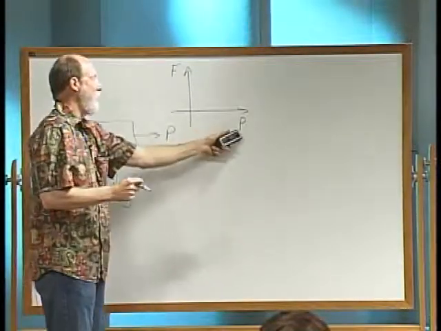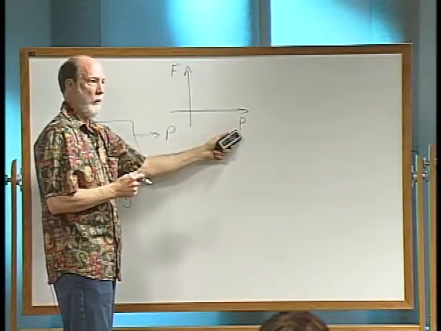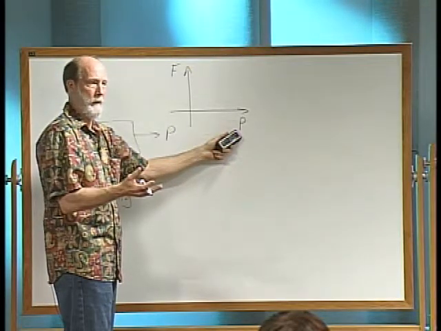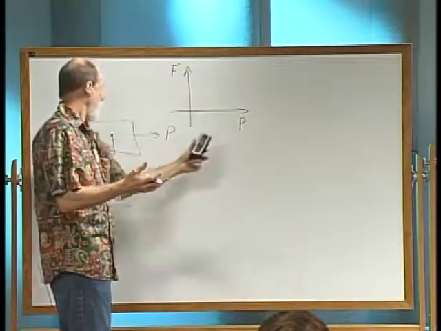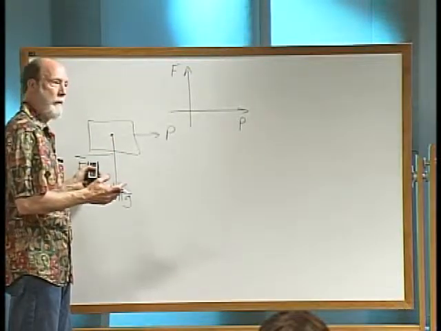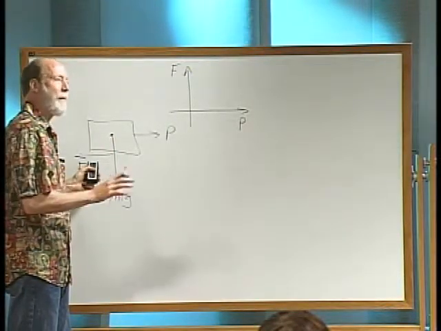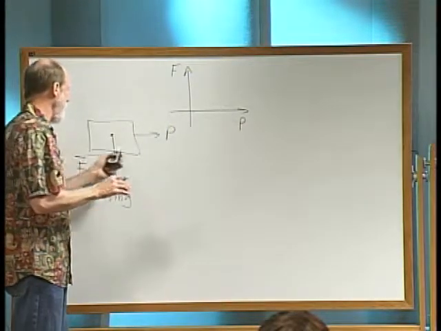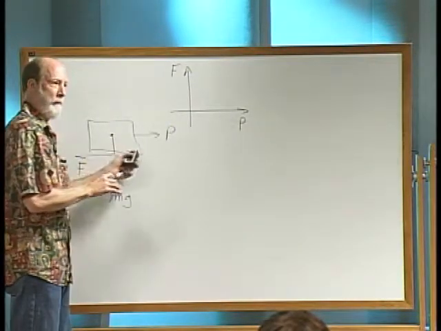If P was 1 Newton of force, which is about a quarter of a pound, then what would be the friction force? Depending on static or kinetic. Let's say it's on a pretty sticky surface.